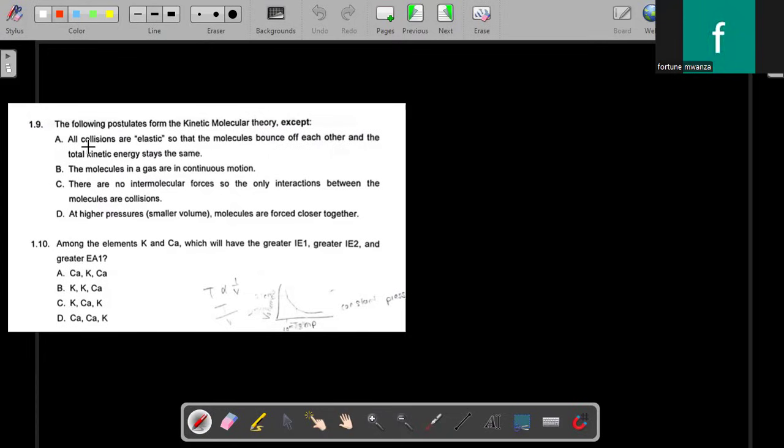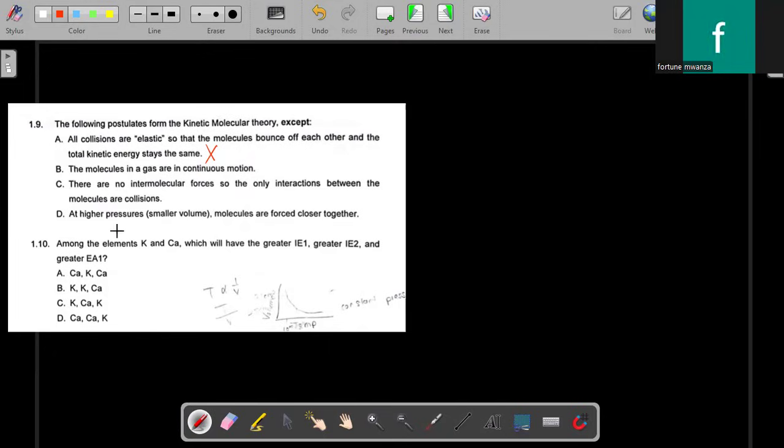It says all collisions are elastic so that the molecules bounce off each other and the total kinetic energy stays the same. Yes, kinetic energy does not change, so the kinetic molecular theory assumes this. That one is true, so it's not an exception and not the answer.